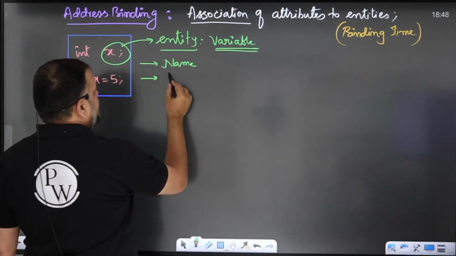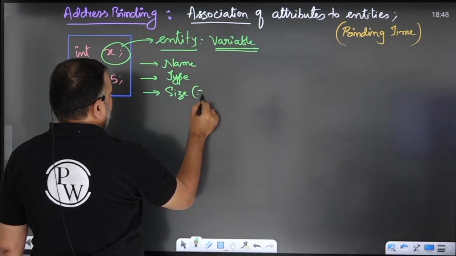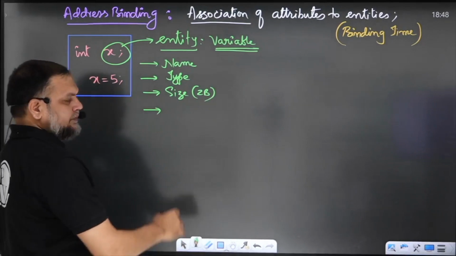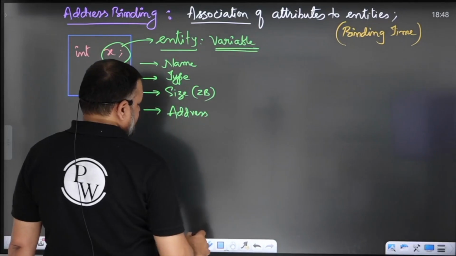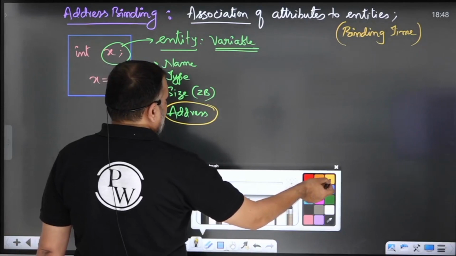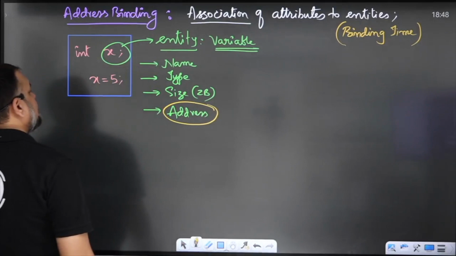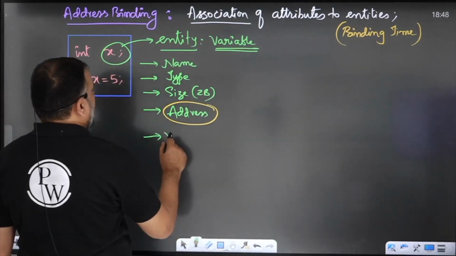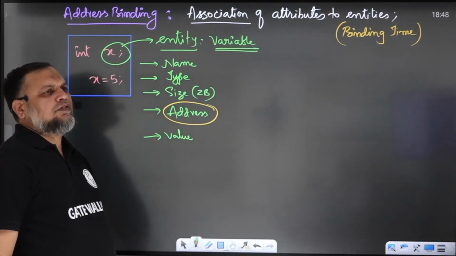Next binding, type, integer. Next binding, size, 2 bytes, for example. Next binding, tell me what could be that? Address. Very correct. This is what we are interested in. Next, value binding. Like that, there are others also. Listen here.